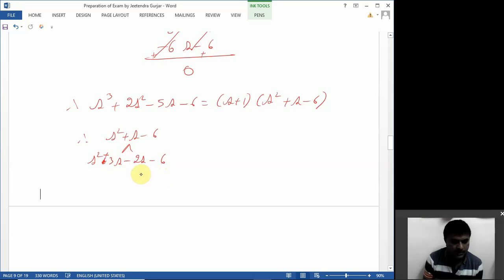This will be very easy. You can see 3 into minus 2 is minus 6, and 3 minus 2 is 1s. So therefore this is correct.